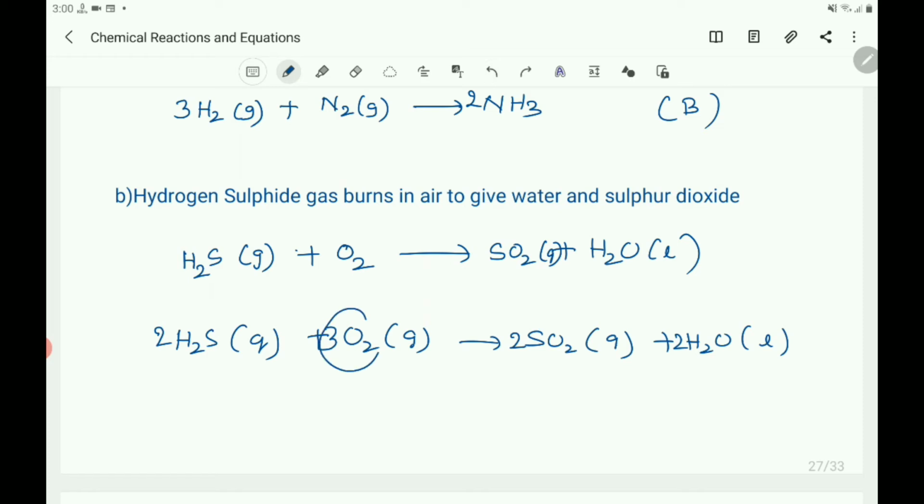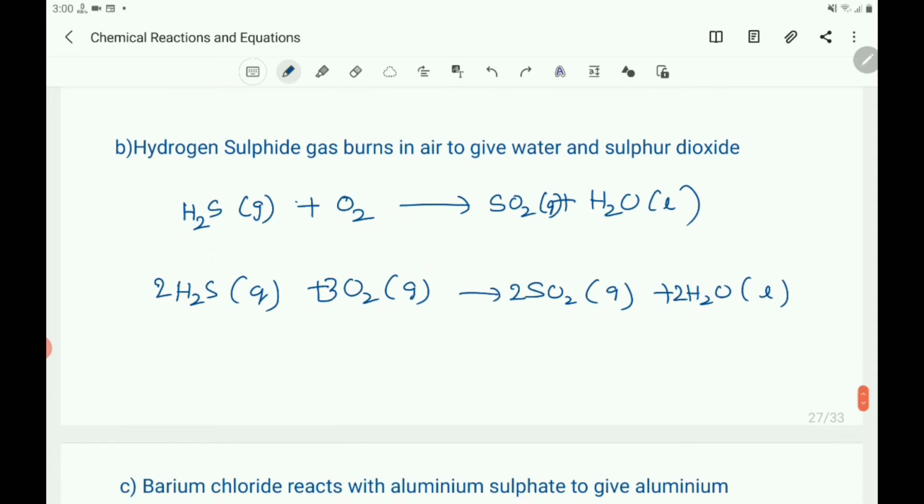And 3O2, 6 oxygen; 2SO2 is 4 plus 2H2O is 2, 6. In this way, this equation got balanced. So this is the skeletal equation and this is the balanced chemical equation for the reaction. Hydrogen sulfide gas burns in air to give water and sulfur dioxide.